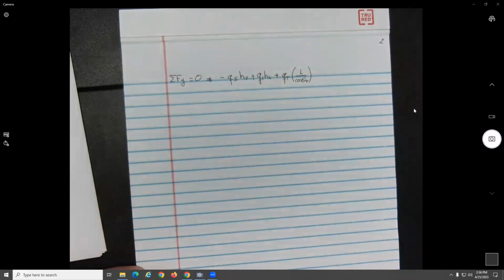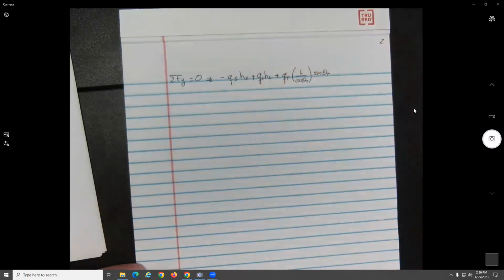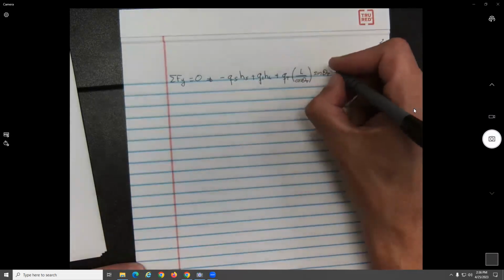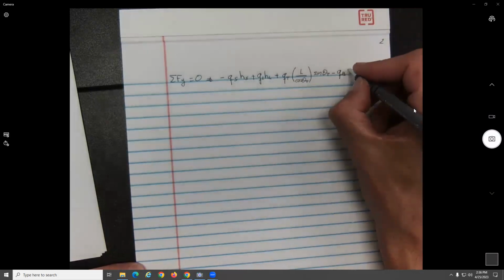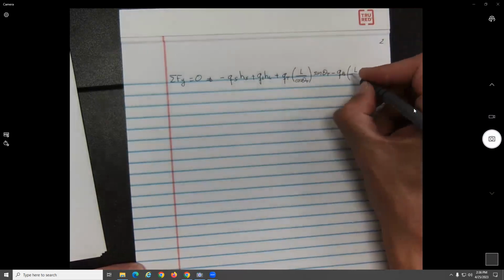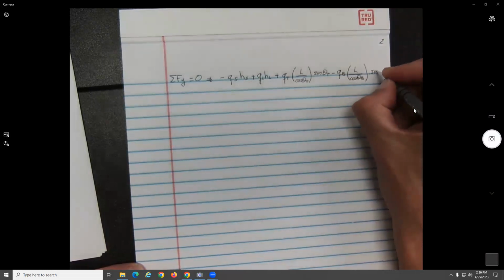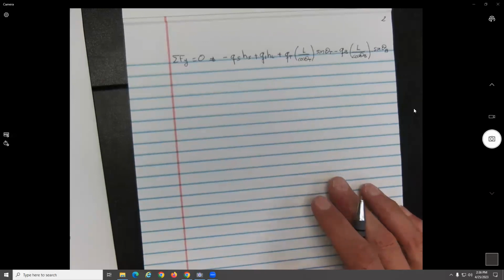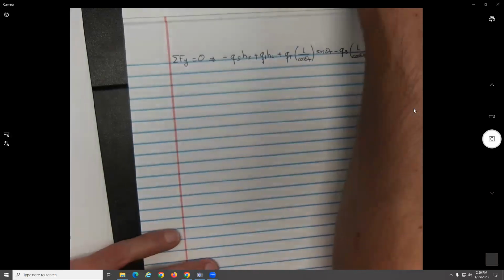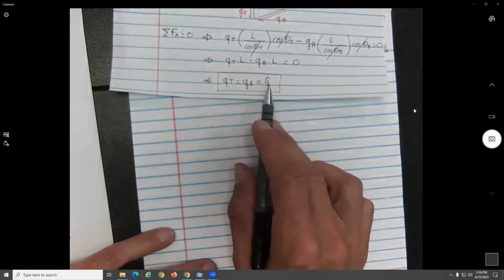Before it was cosine, this time it is going to be sine. Minus Q bottom of L over cosine theta bottom times sine theta bottom. But remember that from the equation we just derived, Q sub t equals Q sub b equals Q hat.